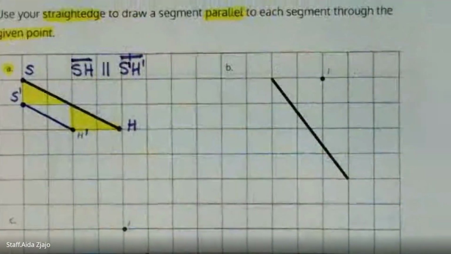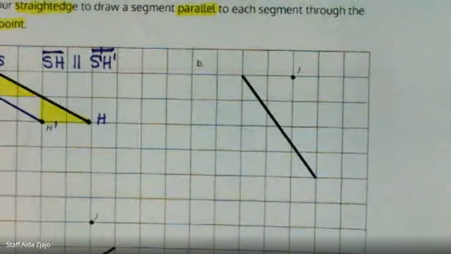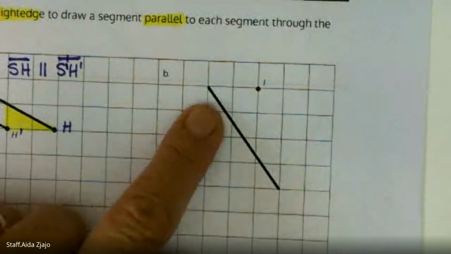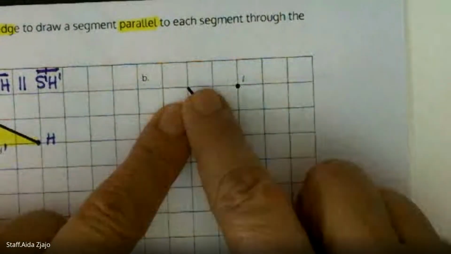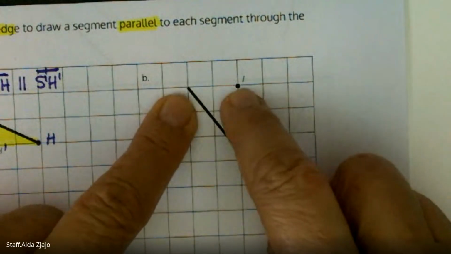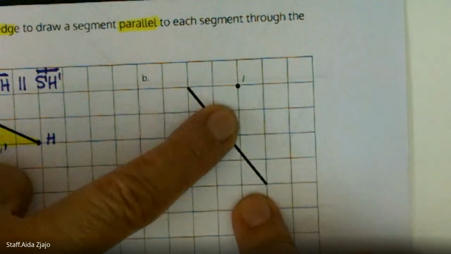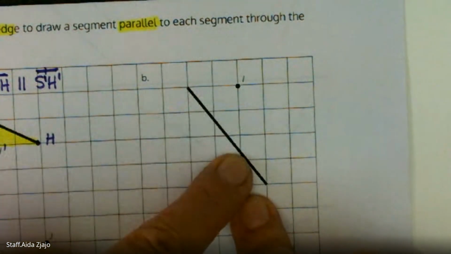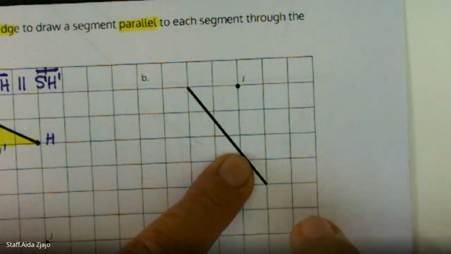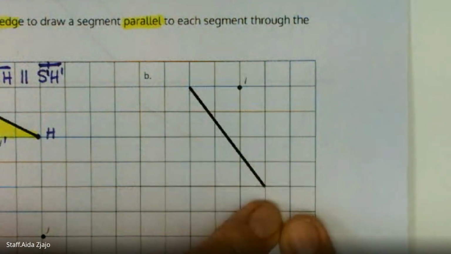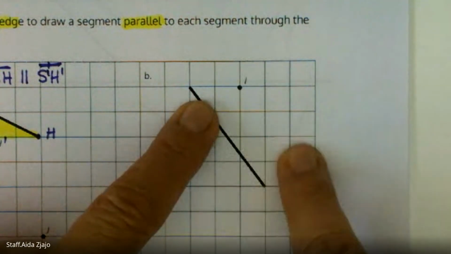Let's explore B. Sometimes when I look at these, I can see here the height is about 2, and then 2.5, about. But then my line segment is too short. I can see another one.